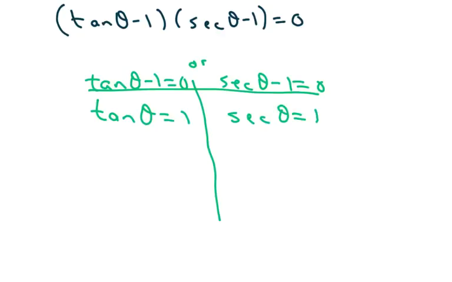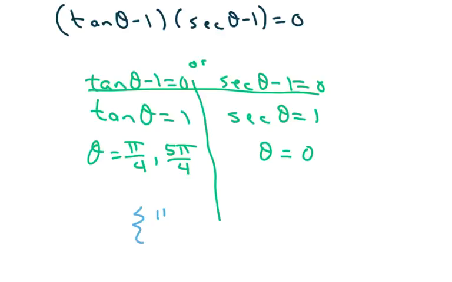In this case, tan of theta equals 1 at pi over 4 and 5 pi over 4. That's quadrants 1 and 3. And secant of theta equals 1 where my angle is 0. Therefore, my solution set is pi over 4, 5 pi over 4, and 0.